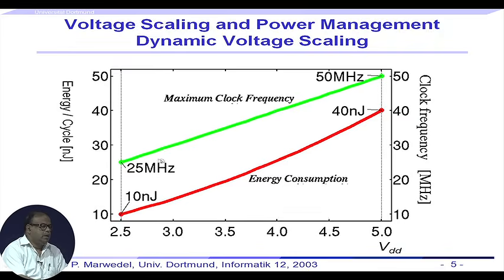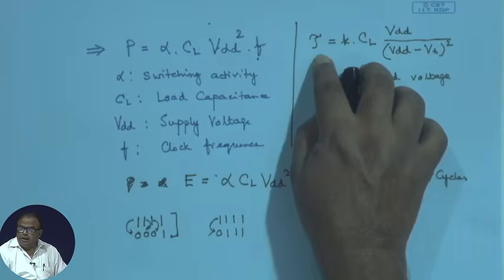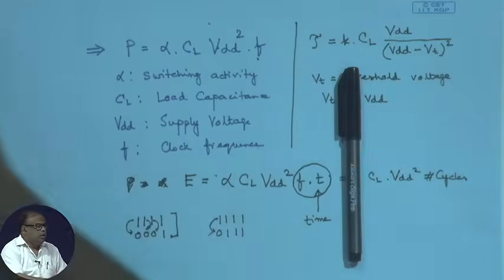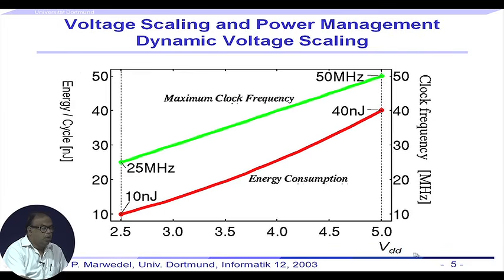As the VDD is increasing, the maximum delay is inversely proportional to the frequency, so you have to understand that. The moral of this is that if I give higher VDD, I can probably operate this at a higher frequency.